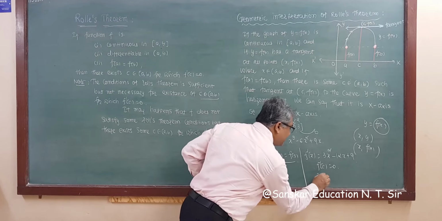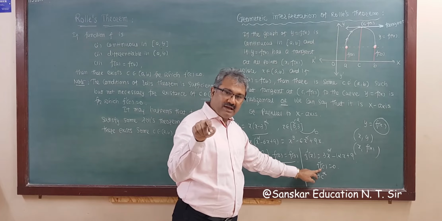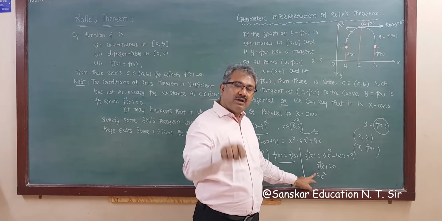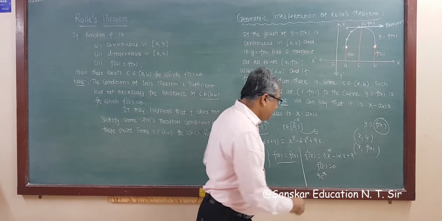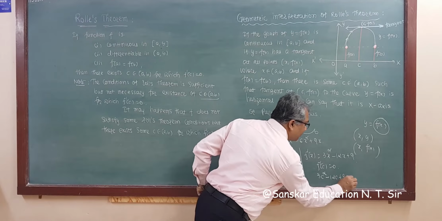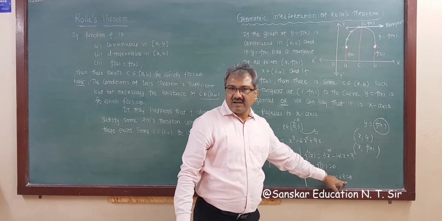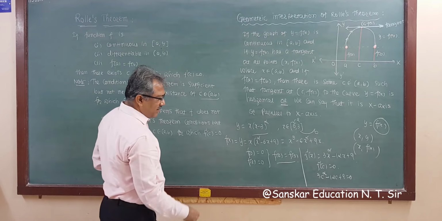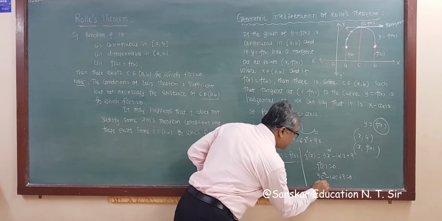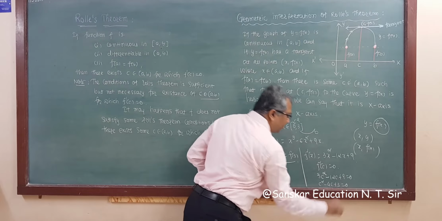Since we are writing c, we write 3c square minus 12c plus 9 equal to 0. If you write f dash x is equal to 0, then you write x simply. Now take 3 common: c square minus 4c plus 3 is equal to 0.